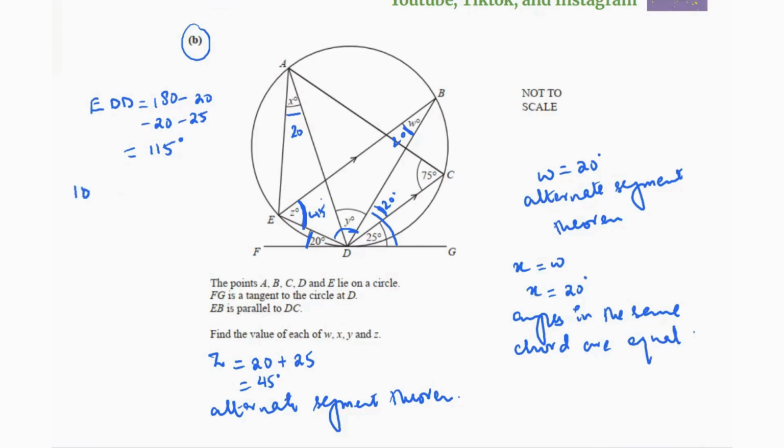So we can say 180 equals ACD plus AED. ACD is 75 and AED, we don't know, but we know part of it is 45. So we can say A plus 45. This is angle A. So 180 minus 75 minus 45 is angle A. That's going to give us 60.